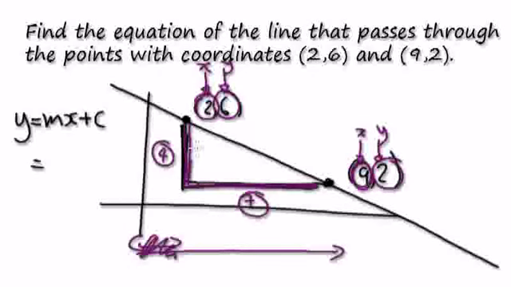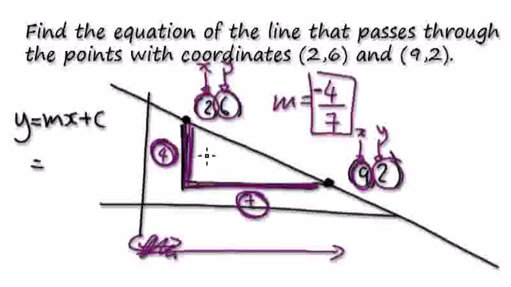So m is always the height divided by the width, so that would be m, but sorry, m's not complete yet. Because it's going downhill, it's a negative gradient, so just stick a minus in there. So this is your full m. Because the gradient's going downhill, it's got to be a negative gradient.